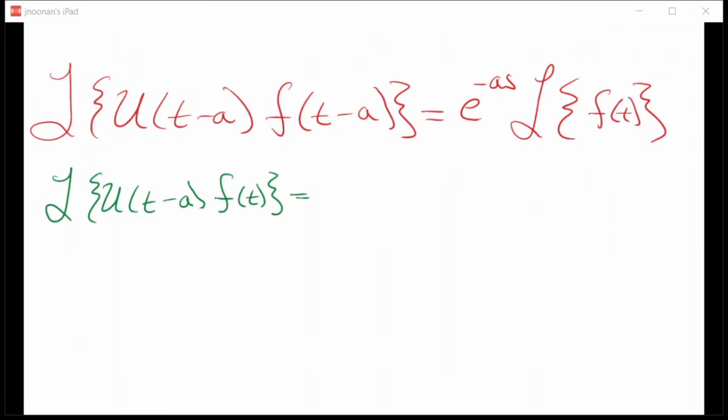So you might say, how in the world are you going to do this? Well, the way I'm going to do this is the Laplace transform of the Heaviside function times f of t plus a minus a.